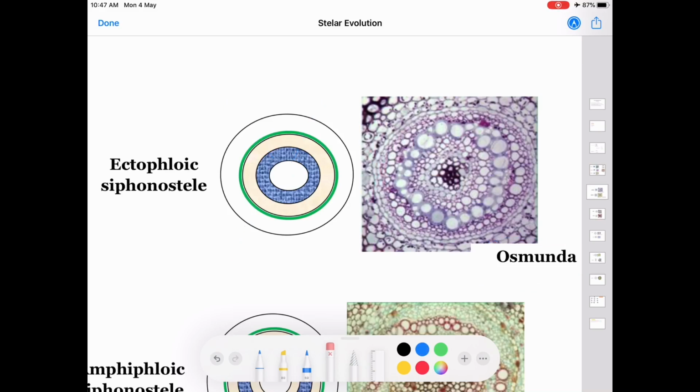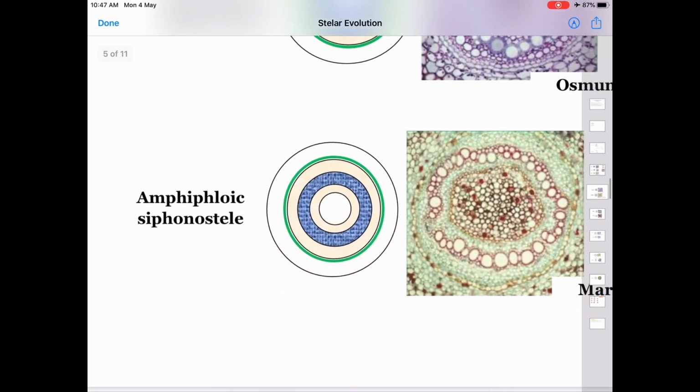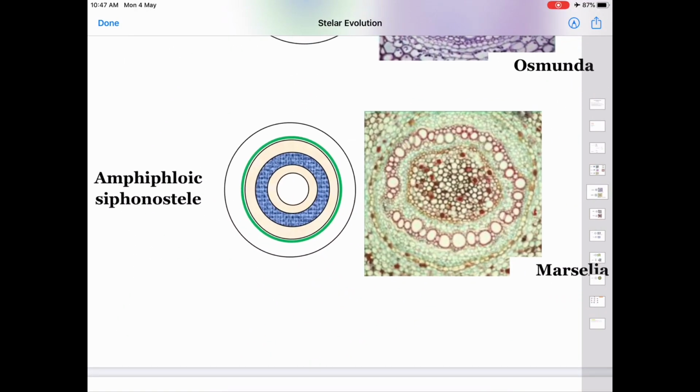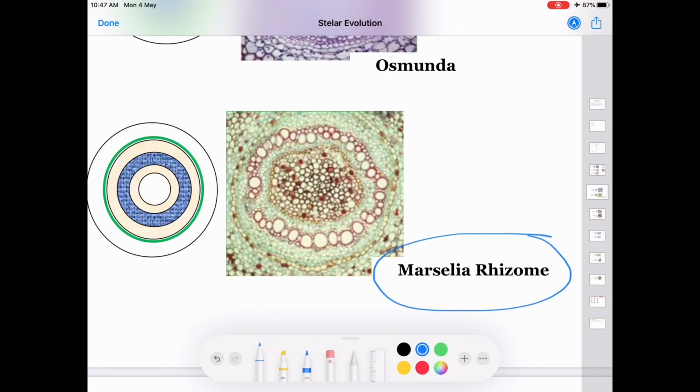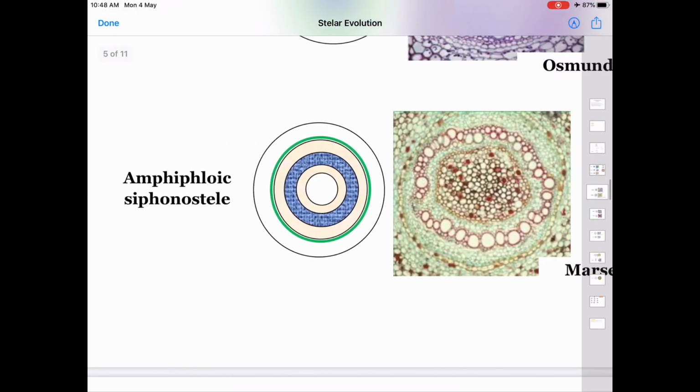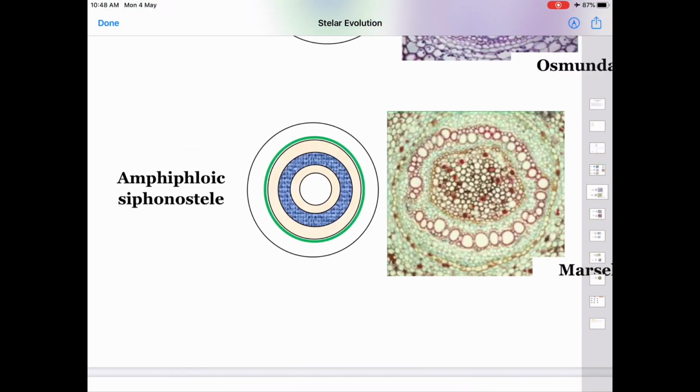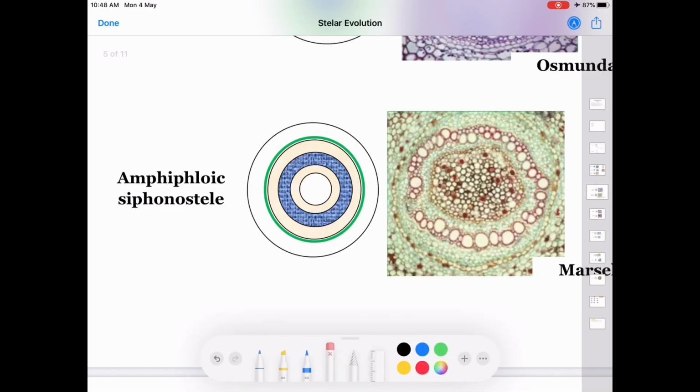Now, coming on to the second type of siphonostele, amphiphloic siphonostele, seen in Marsilea rhizome. In the case of amphiphloic siphonostele, you can see two groups of phloem, the outer phloem and the inner ring of the phloem.